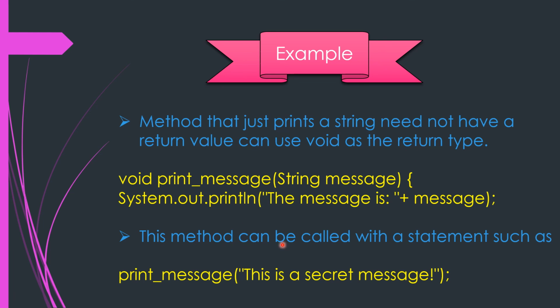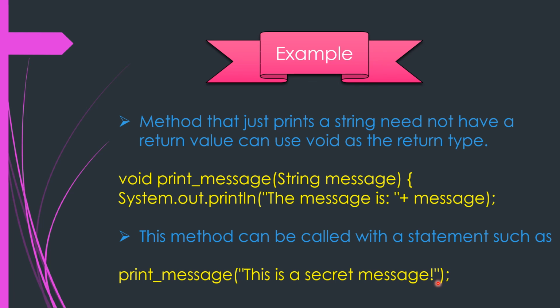This method can be called with a statement, as we are discussing calling and invoking methods in our video. Here we are given an example of a statement which will call this method. We can call this method with a statement like printMessage, and then in brackets, "This is a secret message".